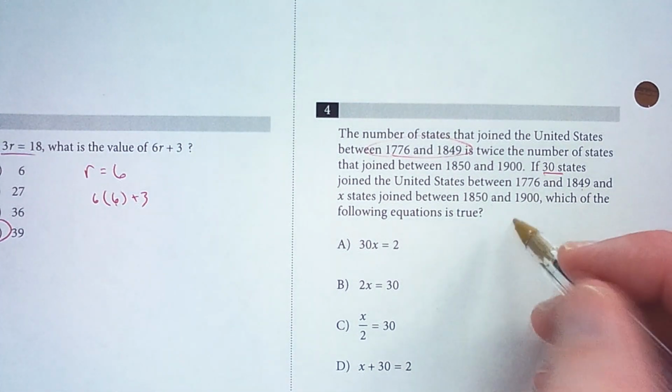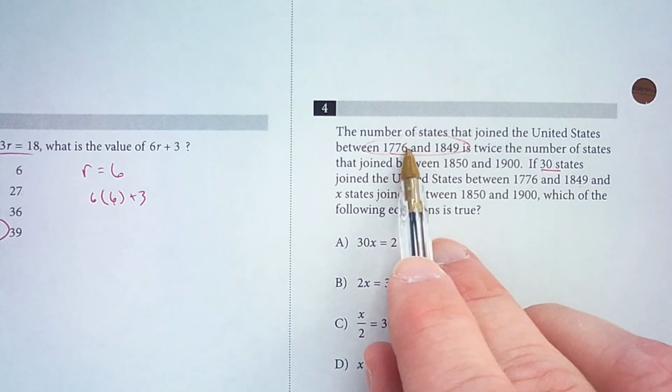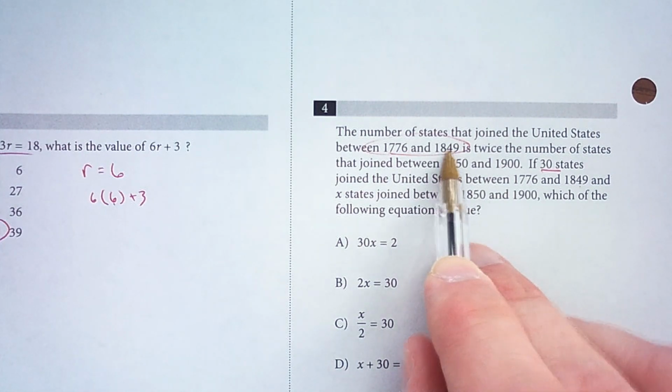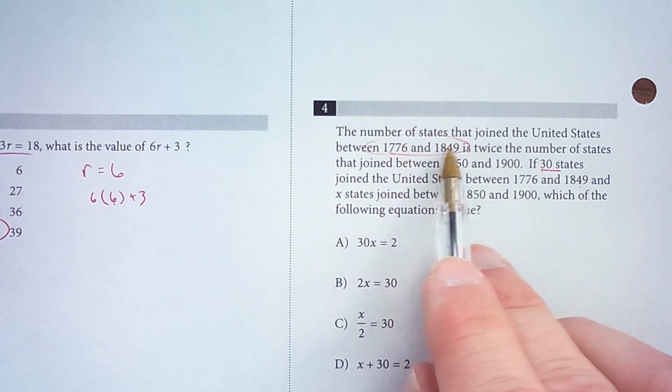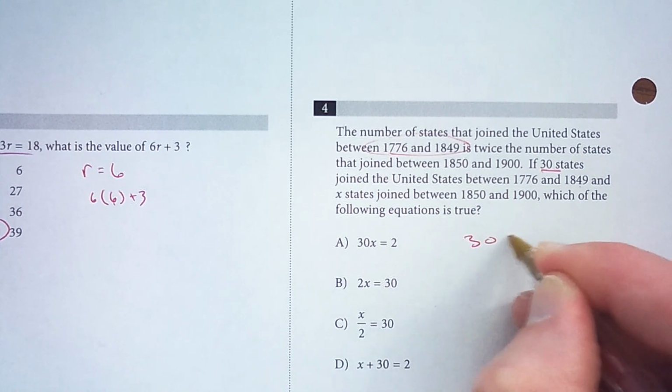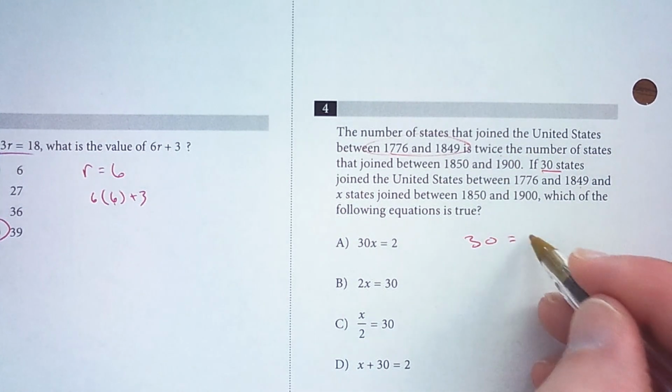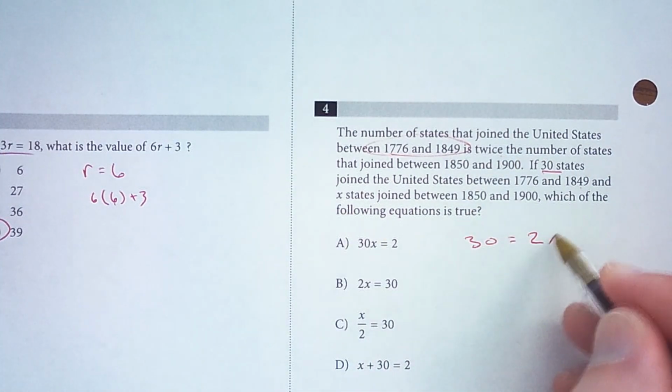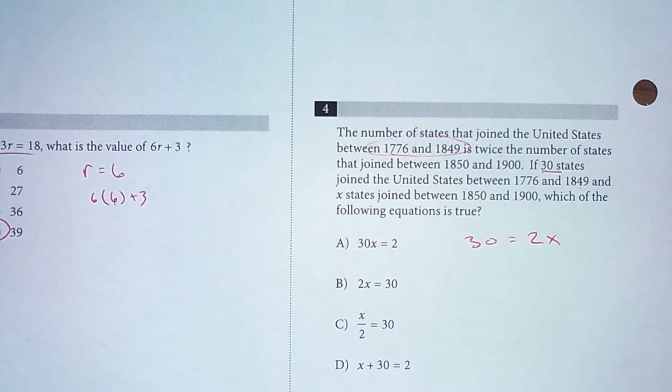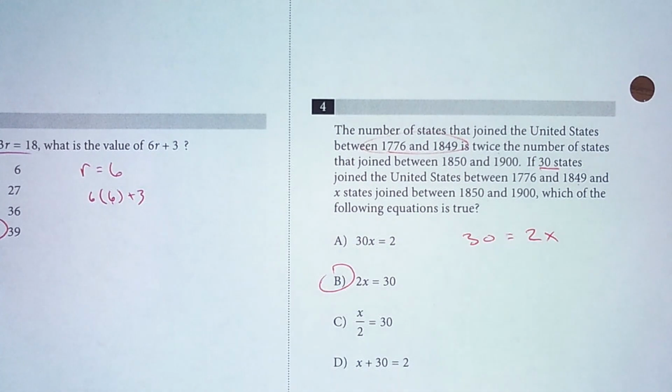Okay, so 30 joined between 1776 and 1849, and that number is twice the number of states, X, that joined between 1850 and 1900. So 30 equals 2X, that is option B.